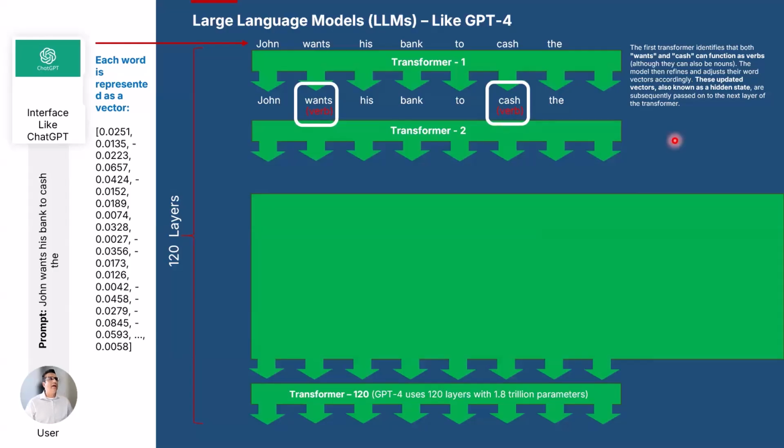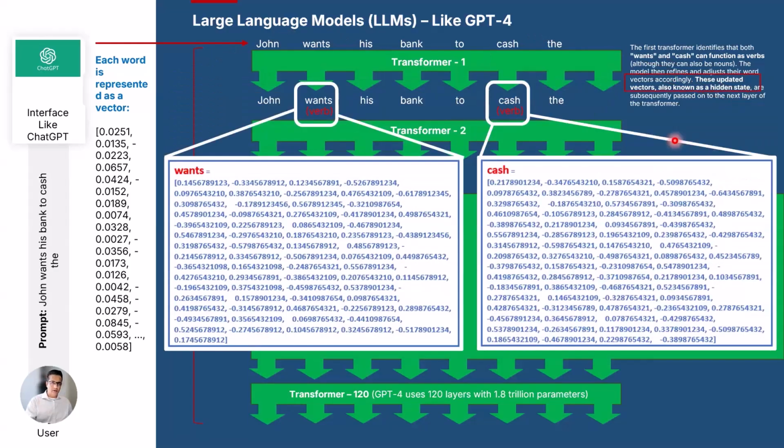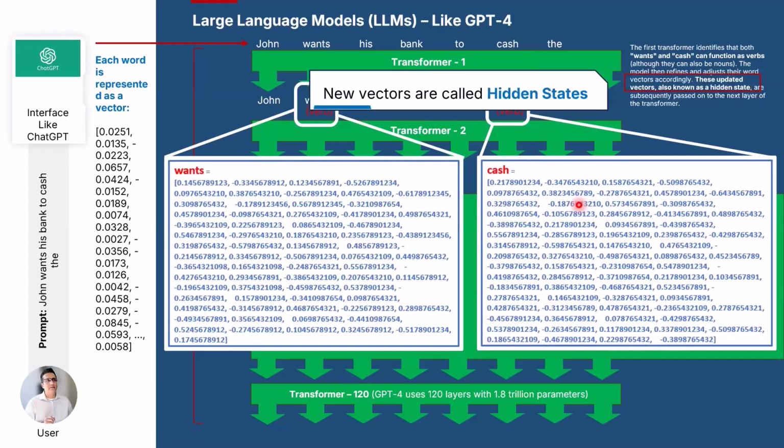So what it did, it actually overrides the embedding or the numbers for it. It actually assigns new numbers to the word wants, which is a verb, and same thing for the word cash. Now, these new numbers are called hidden states.